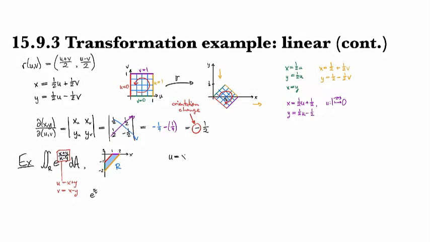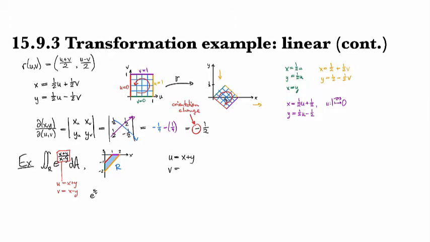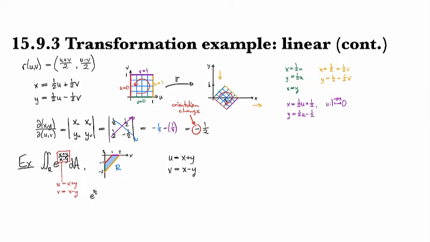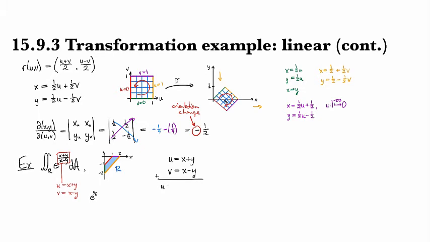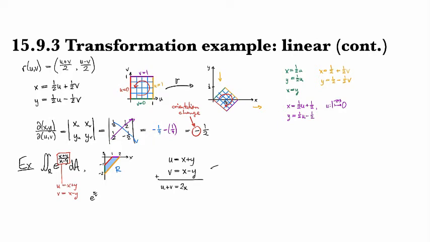So we're going to take our u equals x plus y, v equals x minus y, and then solve for x and y. So for instance, if you just add these equations together, you get u plus v equals 2x, and the y's cancel. And then you've already figured out that x equals (u plus v) over 2.